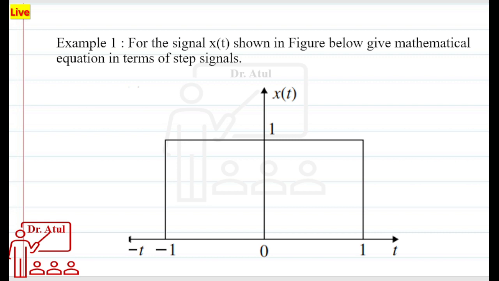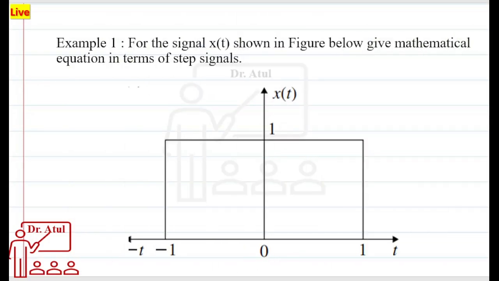So how can we do it? What can be the method to represent this signal by using unit step signals? What we can do is start writing from the left side, from -1. At -1 we can see that a unit step function starting at -1 is there in this problem.